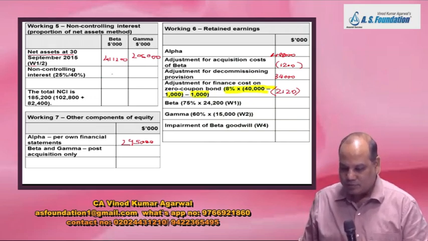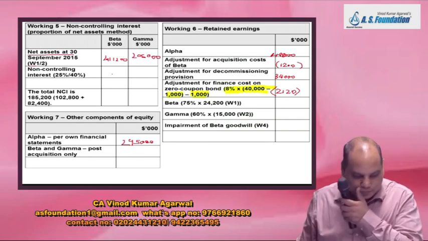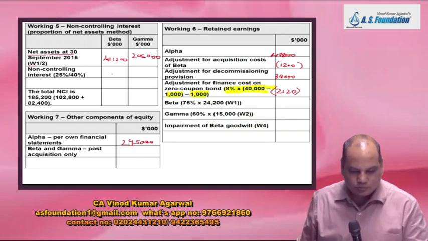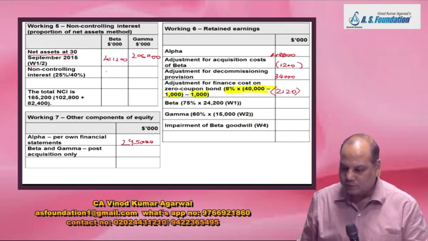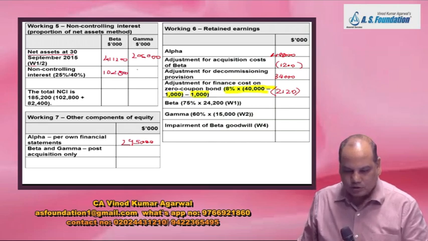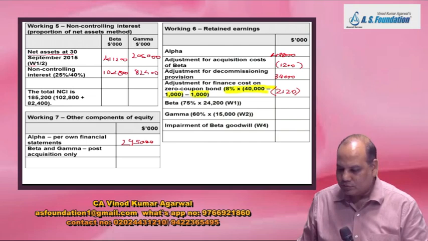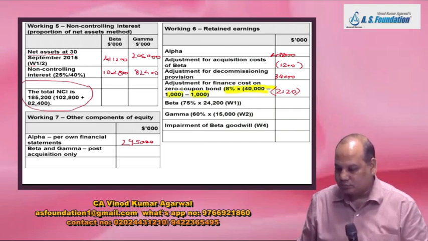25%. Come on. 82,400. 25% is 1 lakh something. Okay, second column. Second column is 82. Acha, second column. No problem. Total I have written below for you. 185,200.